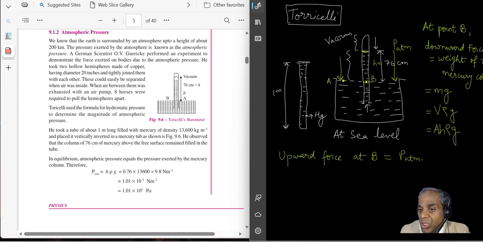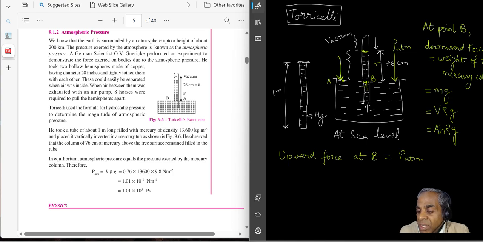Because a short while ago we understood that the pressure at any depth inside a liquid is equal to H rho G, right? And for point A, which is on the surface, and point B, which is on a horizontal level, the pressure should be same. And at point A, the pressure is due to the atmosphere now. This is another fluid, let us say. So at atmosphere, technically this force is the force which is trying to push mercury inside.